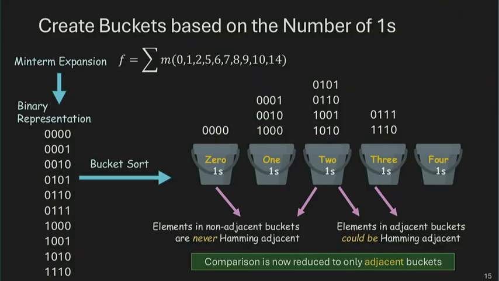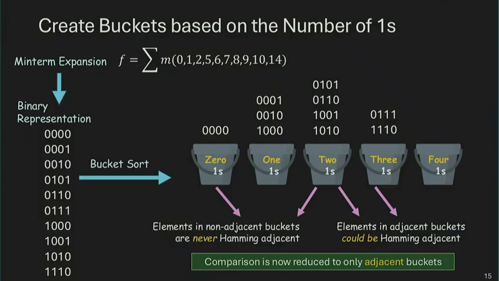Sometimes even more. If you look at 0001 with 0111, they differ by 2 bits in the middle. If you look at 0001 and 1110, they actually differ by 4 bits. But between bucket 1 and bucket 3, they differ by at least 2 bits, which means they can never be Hamming adjacent. And therefore, there's no point in making comparisons between those elements.